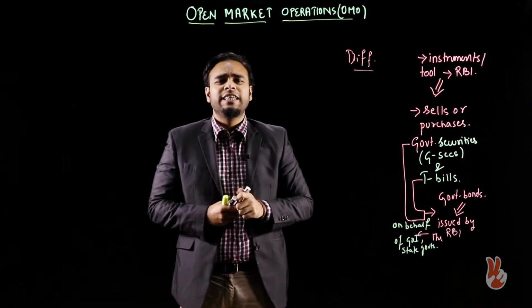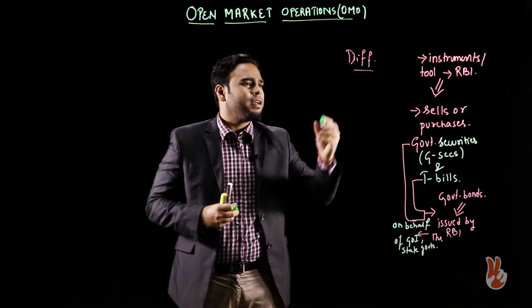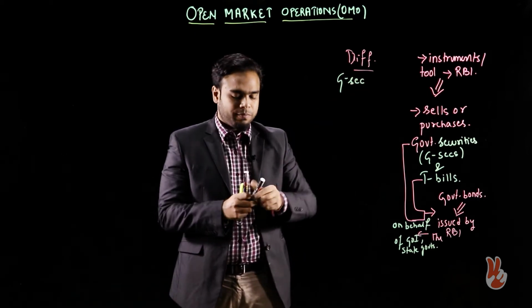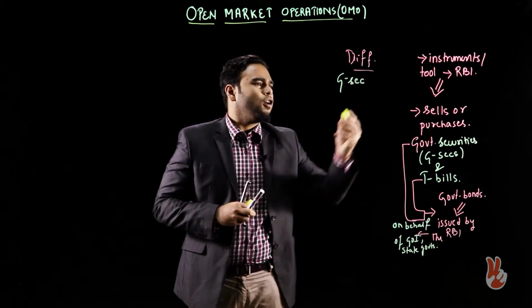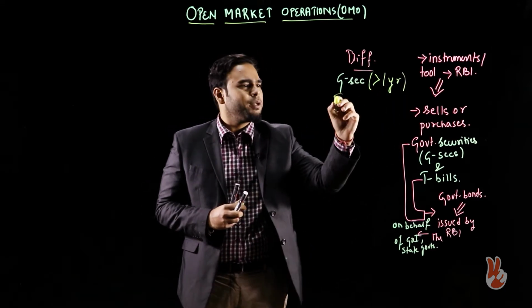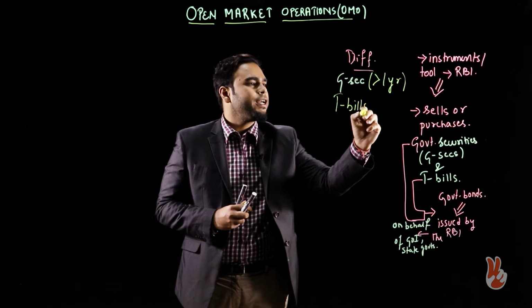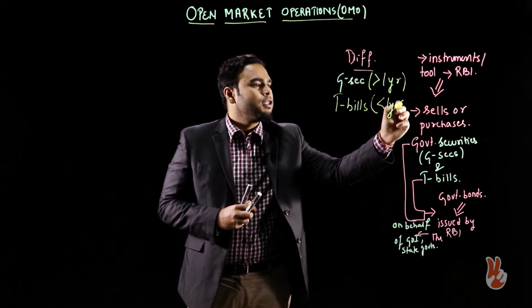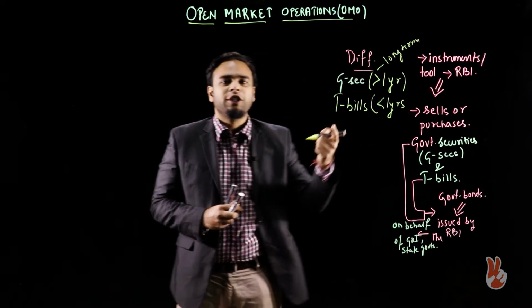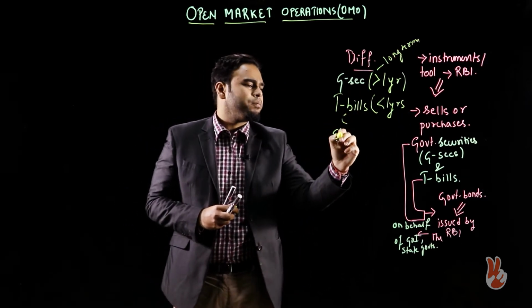The difference lies in only one thing. G-Secs have a maturity period of more than 1 year. Whereas Treasury bills will have a maturity of less than 1 year. So G-Secs are nothing but long term and Treasury bills are nothing but short term.